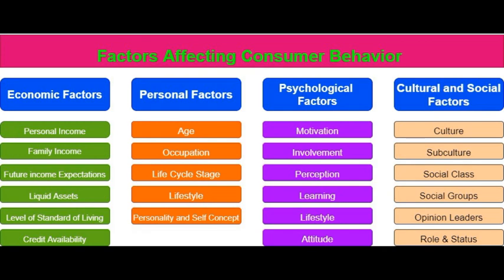Now, under personal factors, the first is age. Age is a very crucial factor, because with age, your likes and dislikes change. The options where you want to spend money would change. Then second, occupation, that is also going to influence your buying behavior.